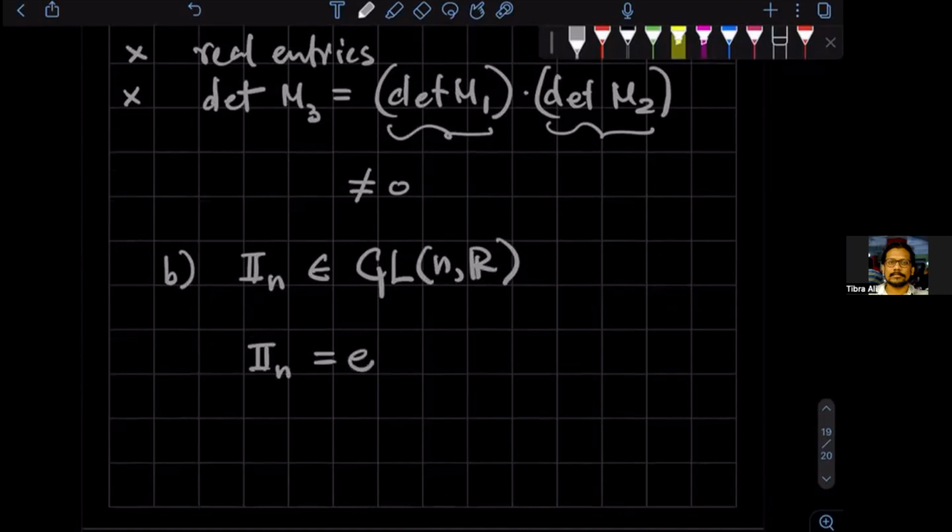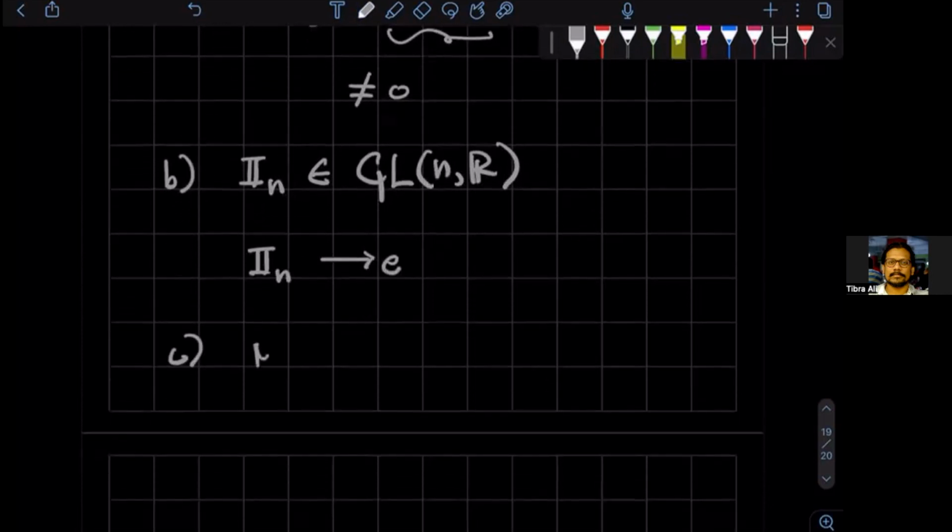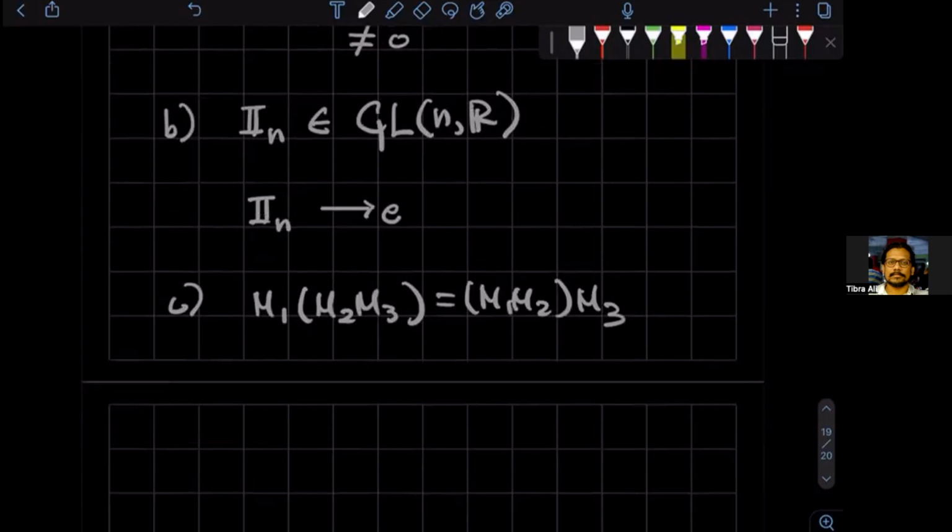So this is identification, not equal. We've identified that to be E. Number three is that matrix multiplication is associative. So associativity is also satisfied.